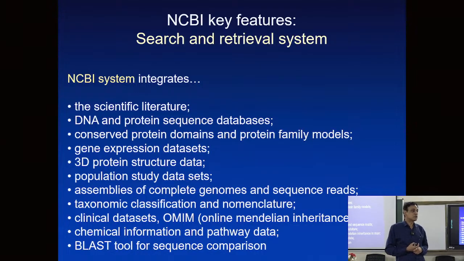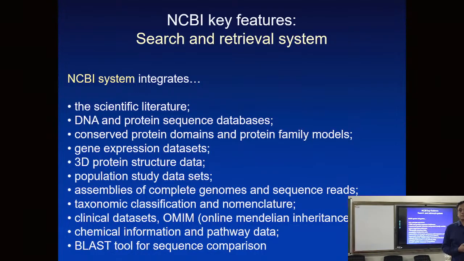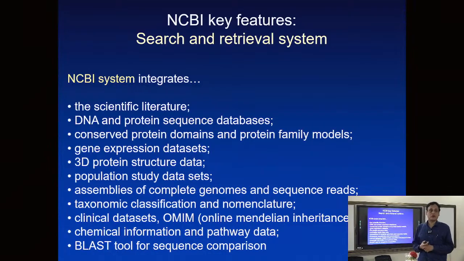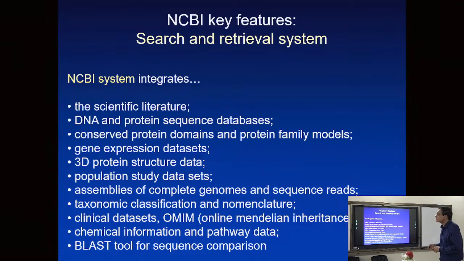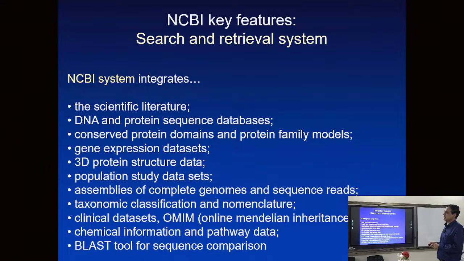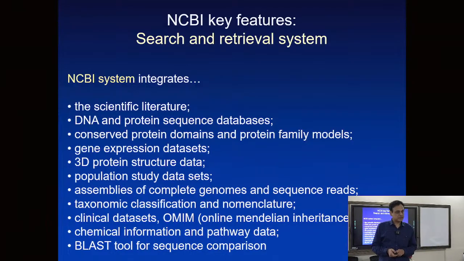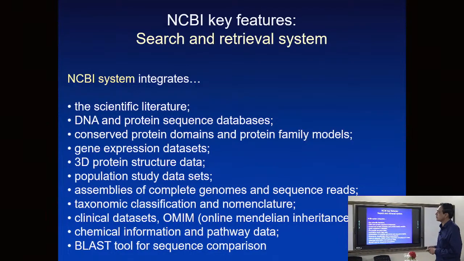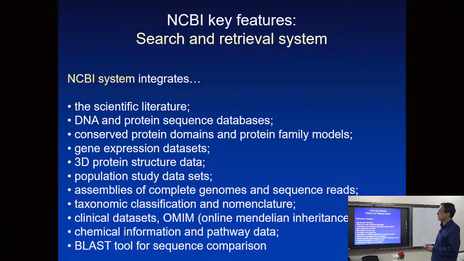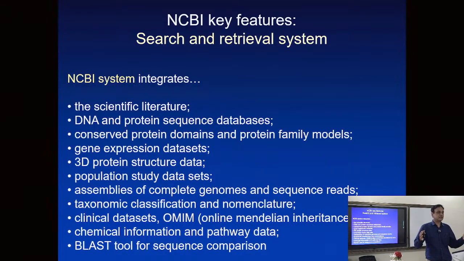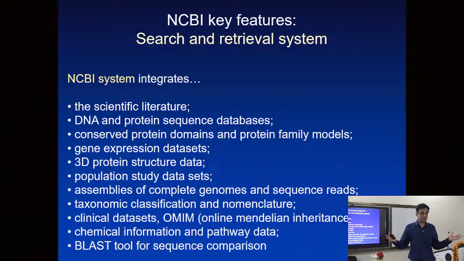So you would want to understand the protein data from the perspective of structures. Population study data sets: not just individuals, but at the population level. You can access the population level data at NCBI, assemblies of complete genomes and sequence reads. Of course, this is also DNA data, but focused on the entirety of DNA within the cell of an organism, that is called the genome.